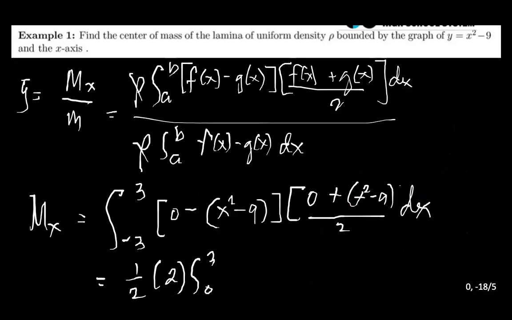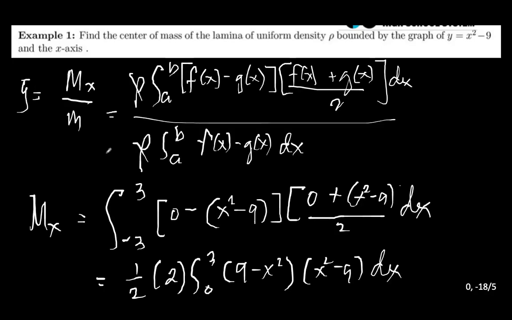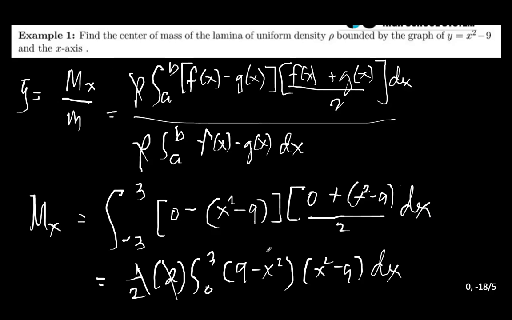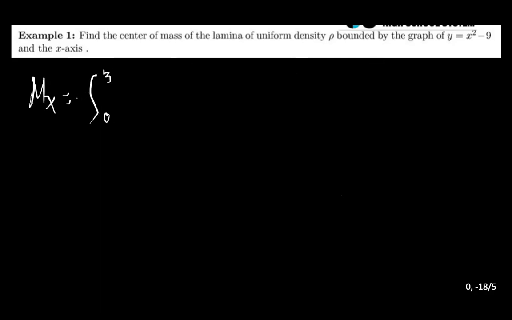So we have 0 to 3 as the boundary. Then this becomes 9 minus x squared times x squared minus 9 dx. So let's solve. m sub x is equal to, we can cancel this out, the integral from 0 to 3. Let's multiply this one. Let's remove the negative sign here.